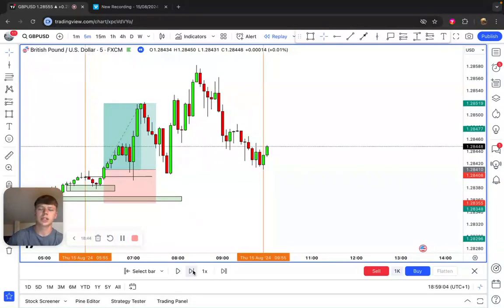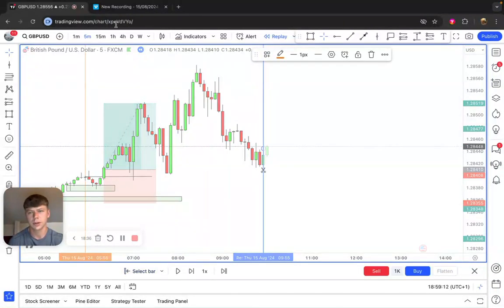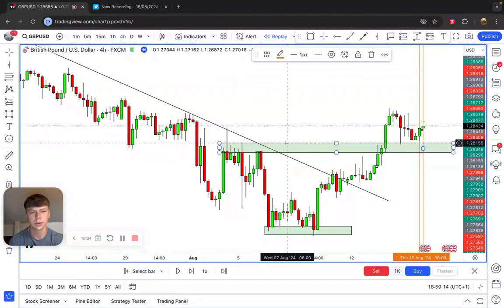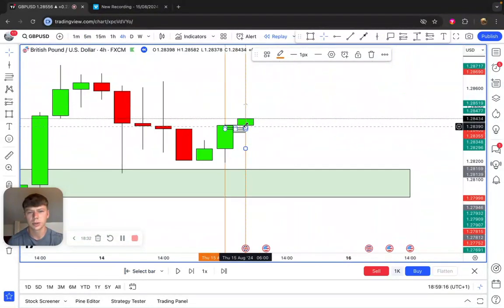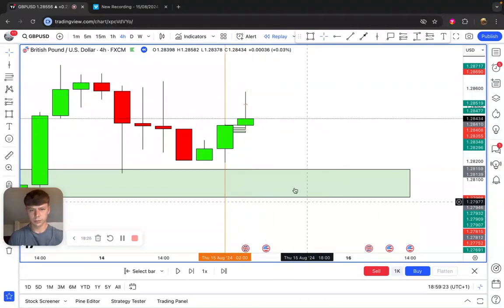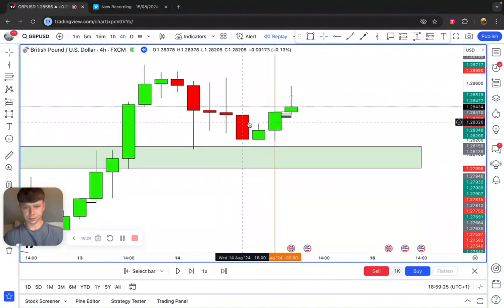Right, so this was the 10 o'clock candle. This candle closed bullish. Let me just get rid of this. So if I close that, will this show me that candle? Yeah, so this candle closed bullish, which you can see there. So you can see it closed bullish.